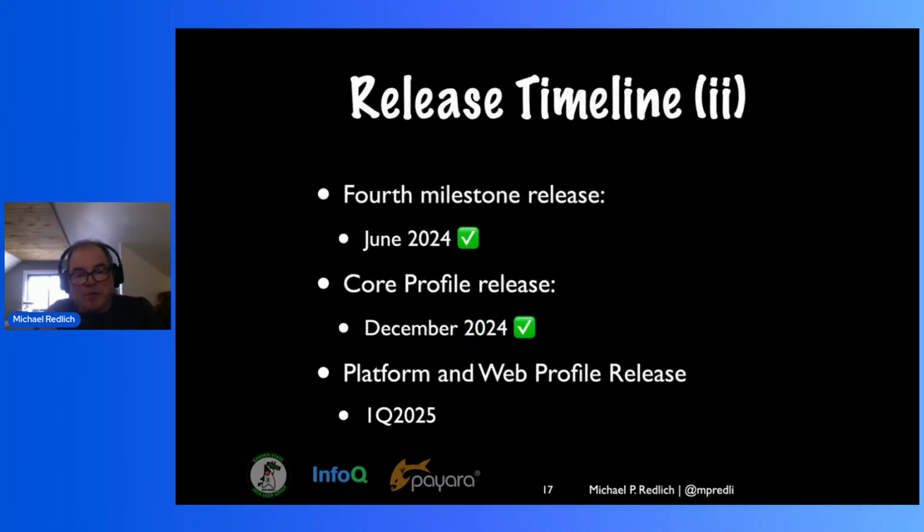The fourth milestone was in June, and the core profile was released in December of last year. I'll talk a little bit more about that. And the platform and web profile releases are scheduled for sometime this quarter. All the specs have been updated, and we'll talk about that in a second.